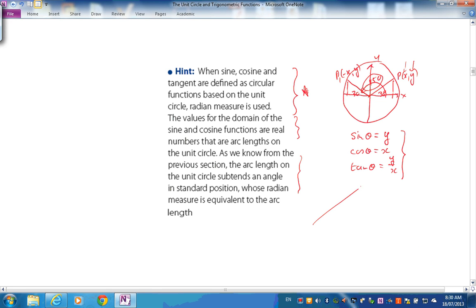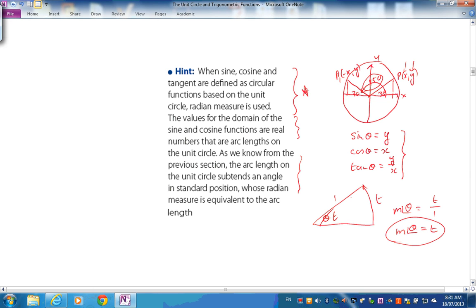Yep, well, we know that now, because as you go around here, if you have a distance t, the measure of angle theta in radians is arc length over radius, which is 1. But that's what they're getting at. The measure of the angle theta equals the arc length. So you can call that t, if you like, in radians.